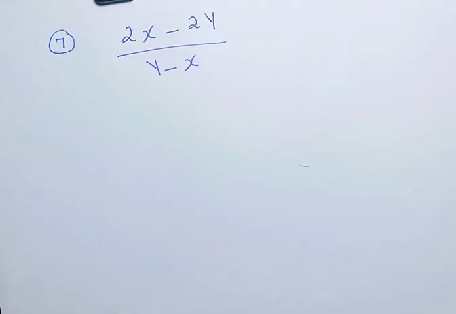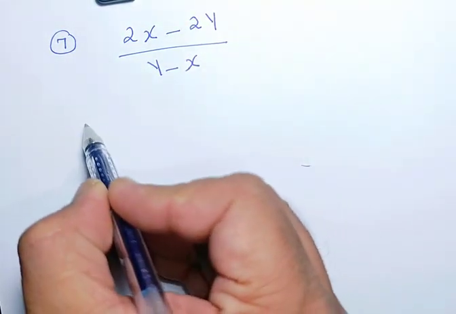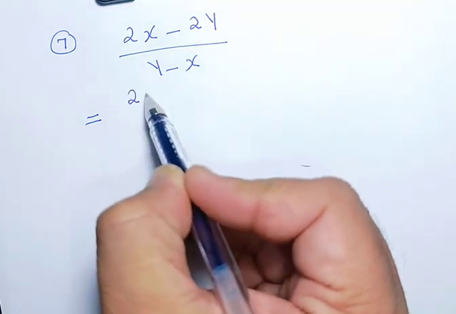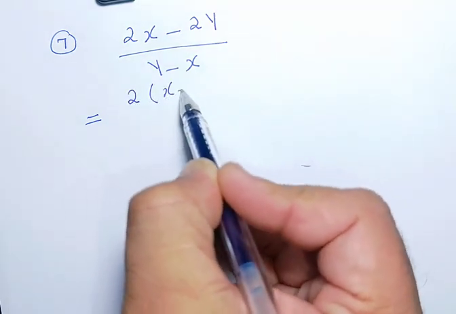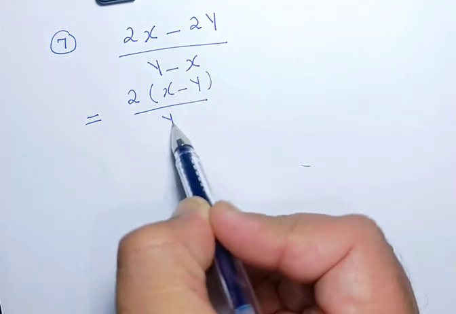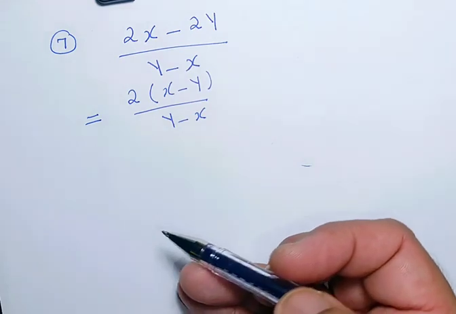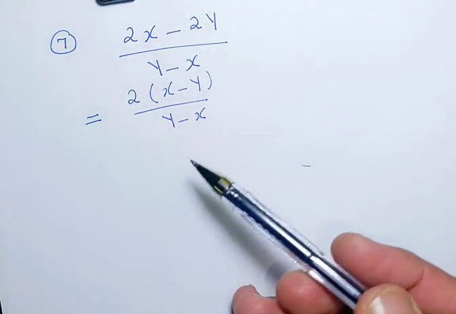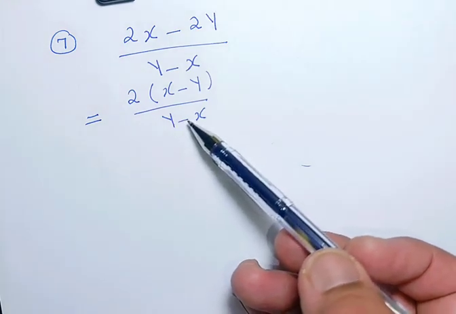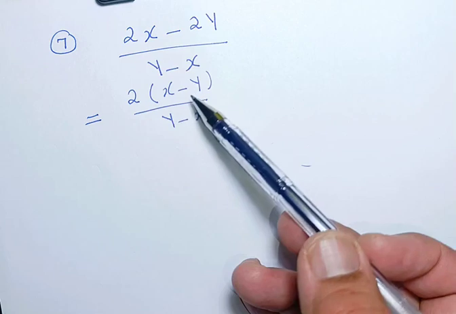So this is my question number 7. 2x minus 2y over y minus x. At top I can see 2 is a common factor, and then left is x negative y. At the bottom we have y negative x. Now obviously I have to modify the y negative x so that it looks like x negative y, so I can cancel out.